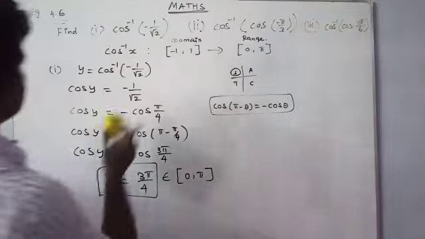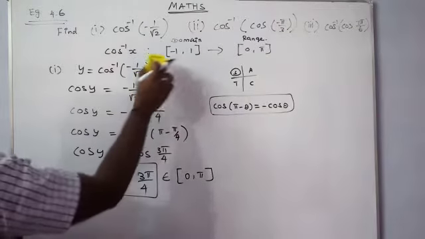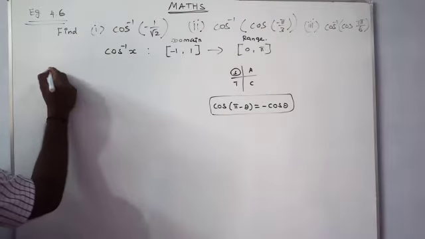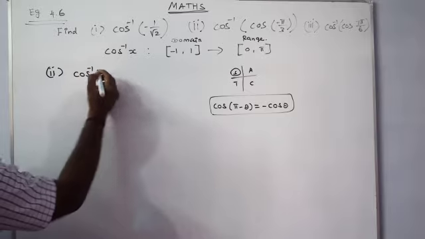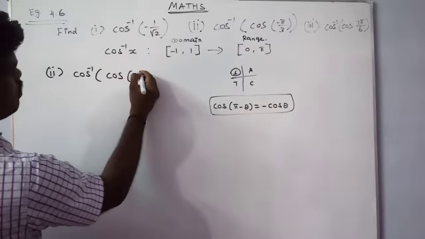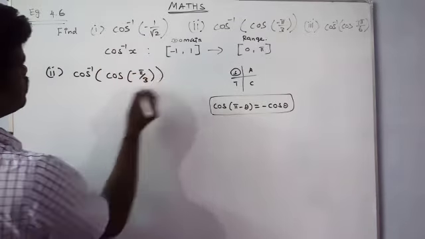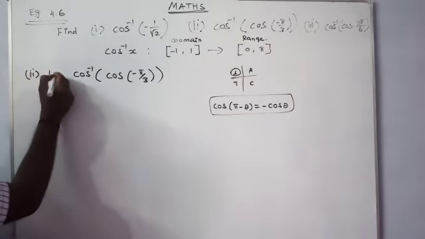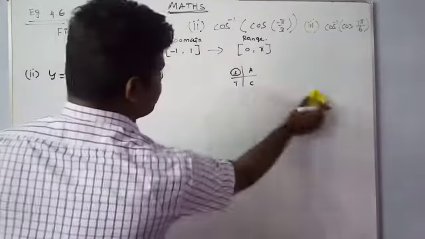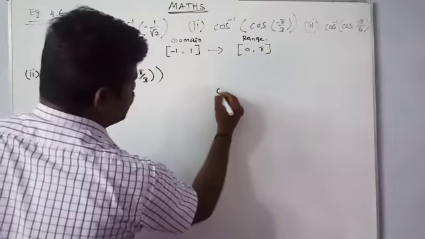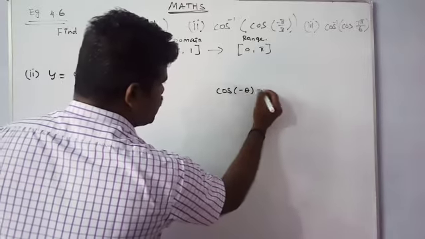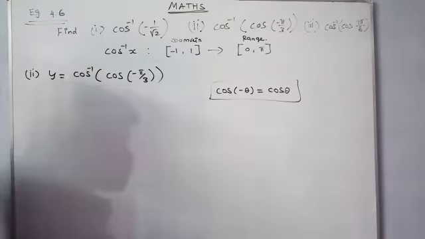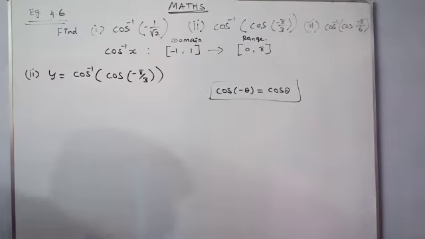And Roman letter 2. Roman letter 2 is cos inverse of minus pi by 3. Let us take y equal to this. We already know the trigonometric value: cos of minus theta is equal to plus cos theta.